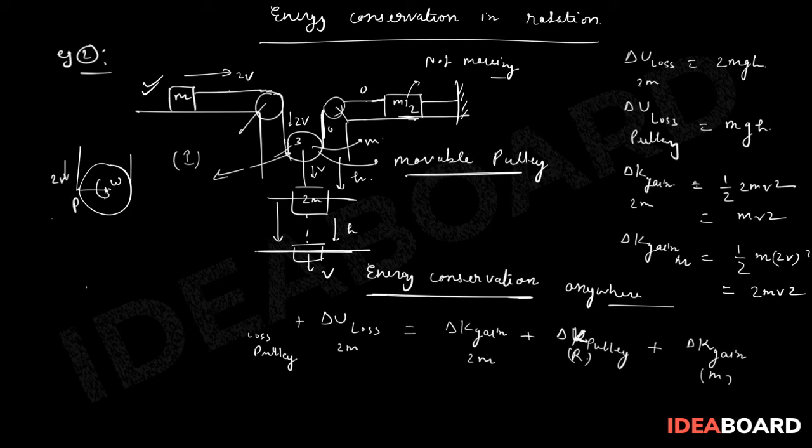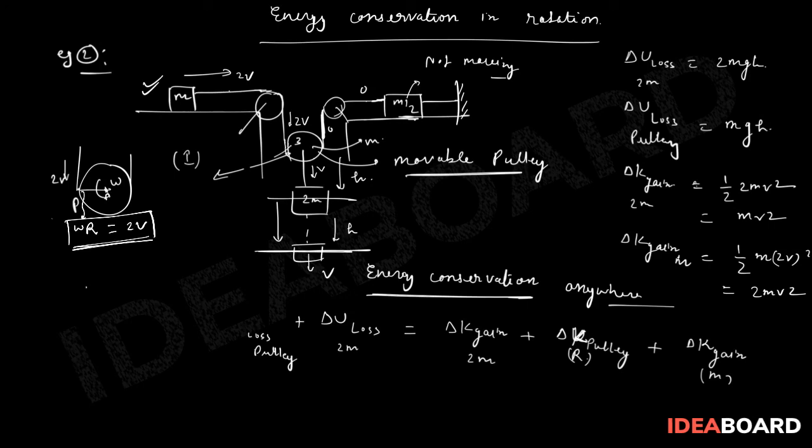Then as there is no slipping, this velocity will be omega into r for the pulley. And I can say here this omega into r will be equal to 2v this time. So omega r will not be equal to v; here it is equal to 2v, correct?